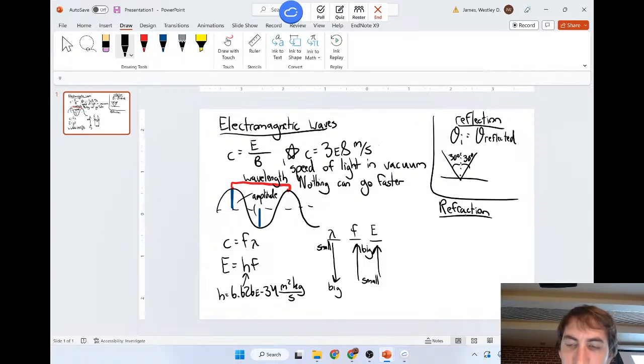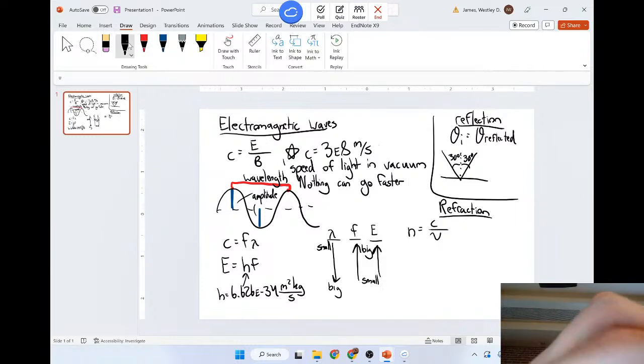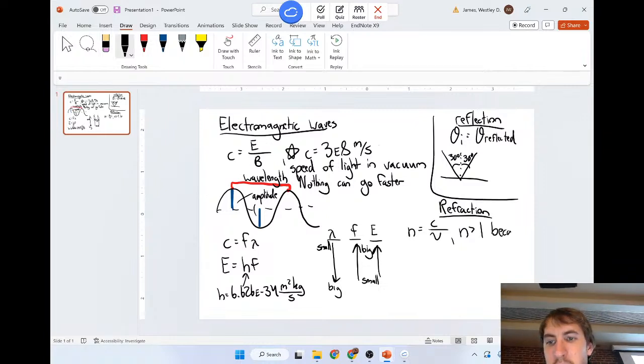For refraction, we introduced the idea of the index of refraction, which is C over V. This has no units, because C is meters per second and V is meters per second, so they cancel out. And so N is always greater than 1, because C is greater than V. Always.